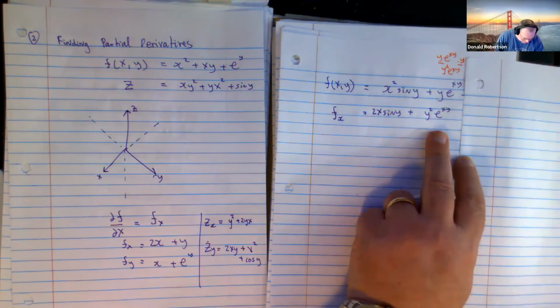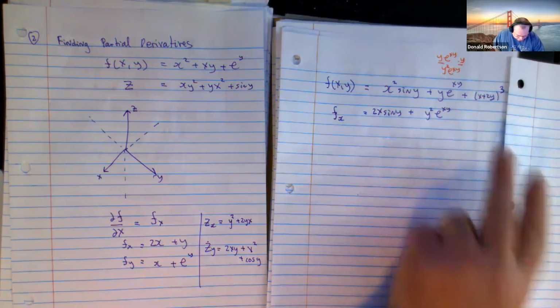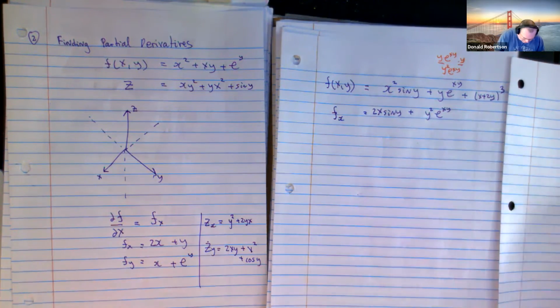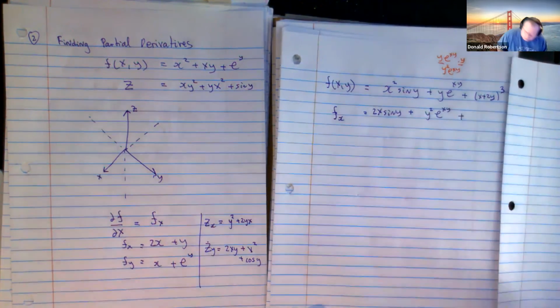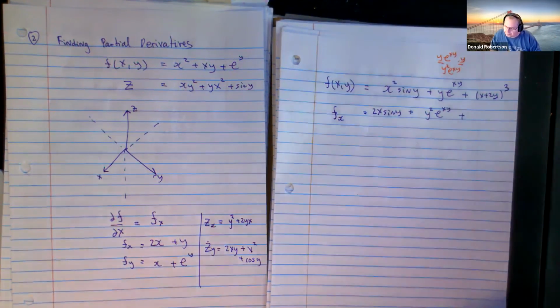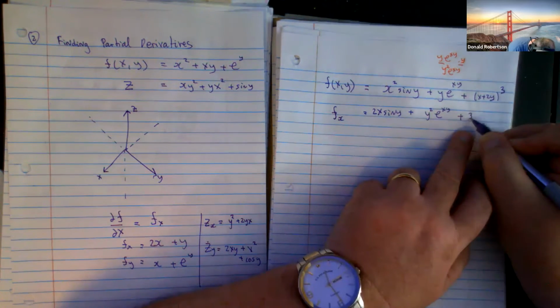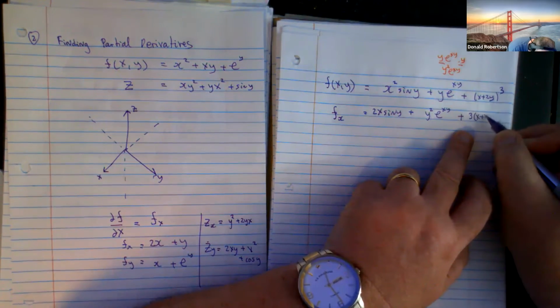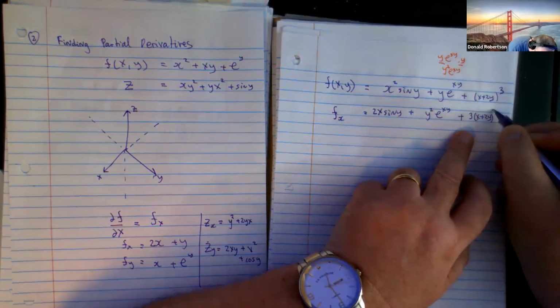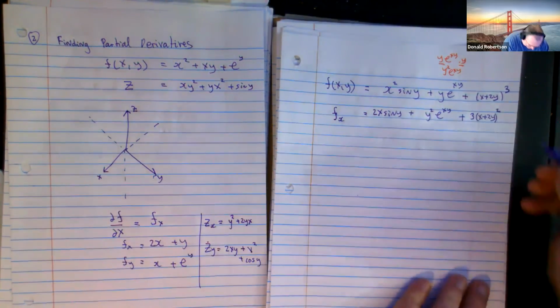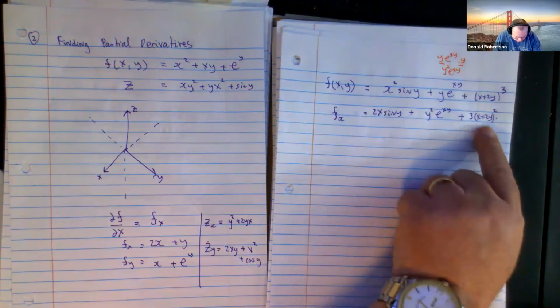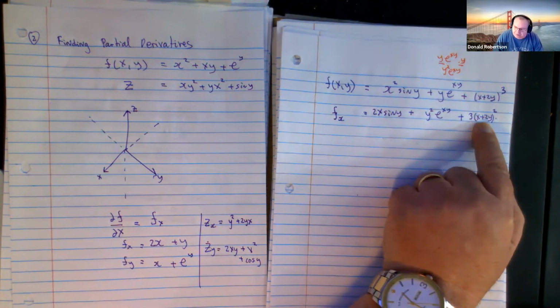Right. Now, if you do x plus 2y cubed, aren't you essentially doing a chain rule? Now, in this case, that's 3 lots of x plus 2y squared. Technically, shouldn't you then multiply by the derivative of what's sometimes called the inside function?